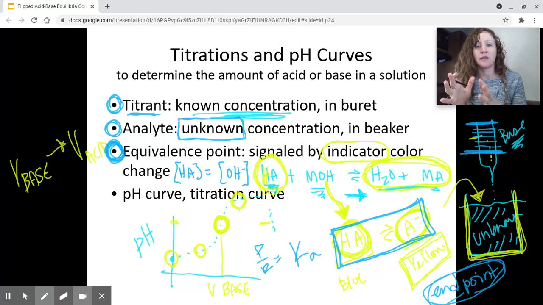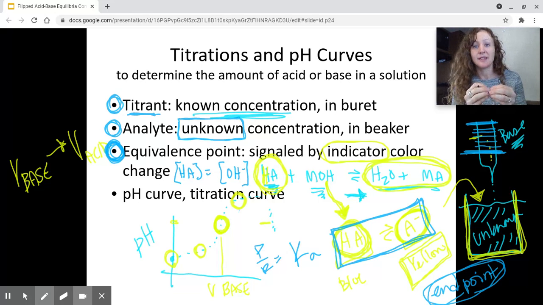Endpoint is where the indicator changes color. It's solely dependent on the Ka of the indicator. The equivalence point is where the weak acid concentration is equal to the base concentration. Your analyte concentration is equal to your titrant concentration.